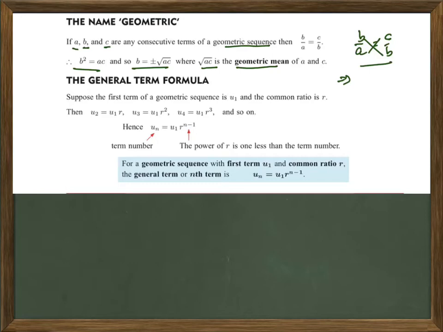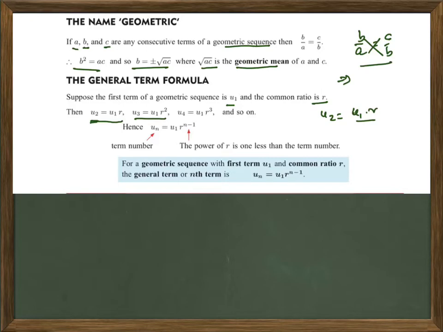Now we will see the general term formula for the geometric sequence. If U1 is the first term and r is the common ratio, what will U2 be? U2, the second term, will be U1 into r.